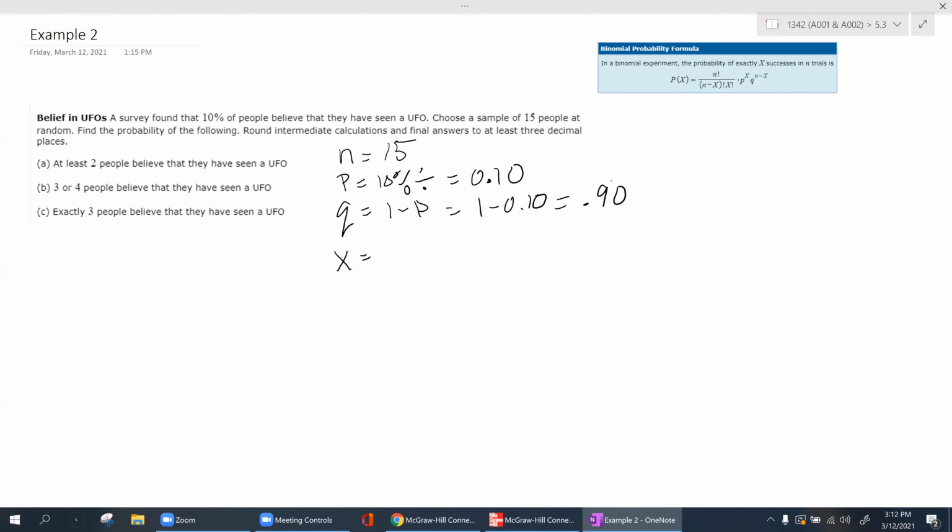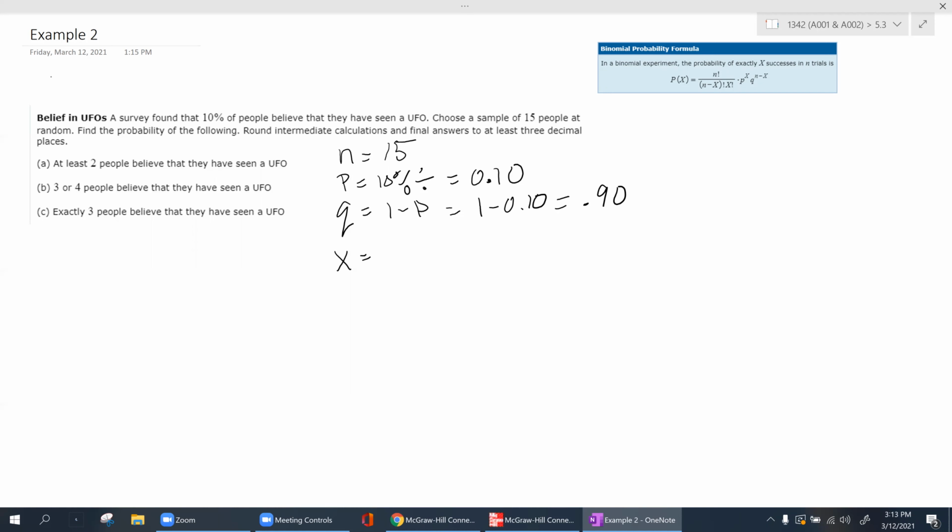And then my x. How do I find this x? With these problems, it's going to be more than 1 x. In other words, I'm going to have to find the probability of success for x equals this, for x equals that other number, and then add them together. They're asking me here, at least 2 people believe that they've seen UFOs.